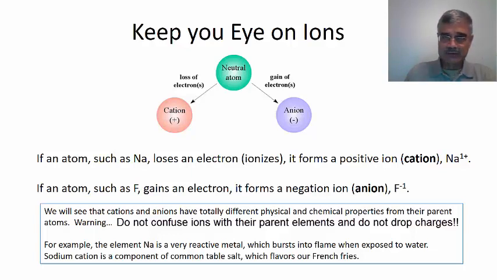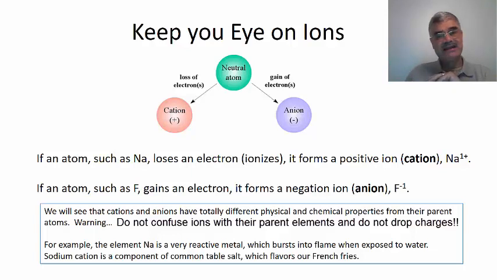It will have a net charge, in this case plus 1, because it's lost an electron, it has more protons than electrons. If an atom such as fluorine gains an electron, it will form a negative ion, what we call an anion, fluorine minus 1.